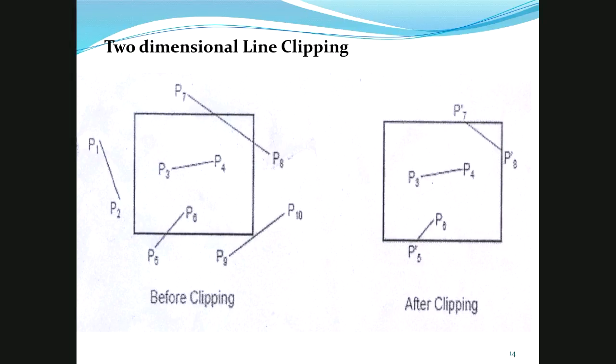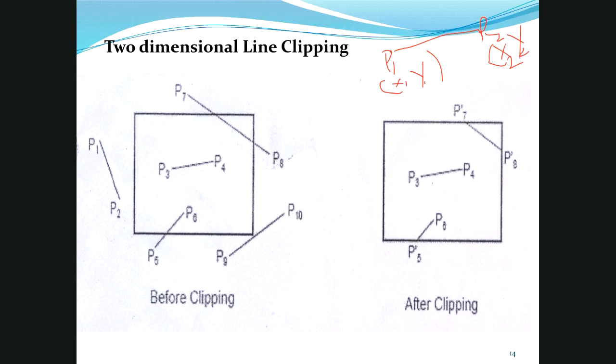Then the two-dimensional line clipping algorithm. You already know that to make a line you need 2 points, right? Point 1 and point 2. That means x1 y1 and x2 y2.